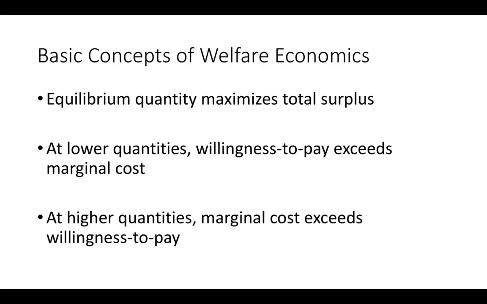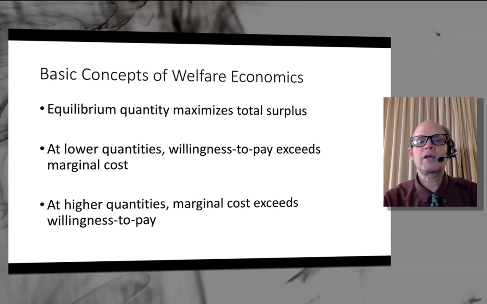So just to review what we just covered, we had some basic concepts of welfare economics. The equilibrium quantity maximizes the total surplus. In fact, it maximizes the sum of the benefit to the buyers and the sellers. If you were at a lower quantity, a quantity that was less than equilibrium, the willingness to pay of the buyers would exceed the marginal cost.